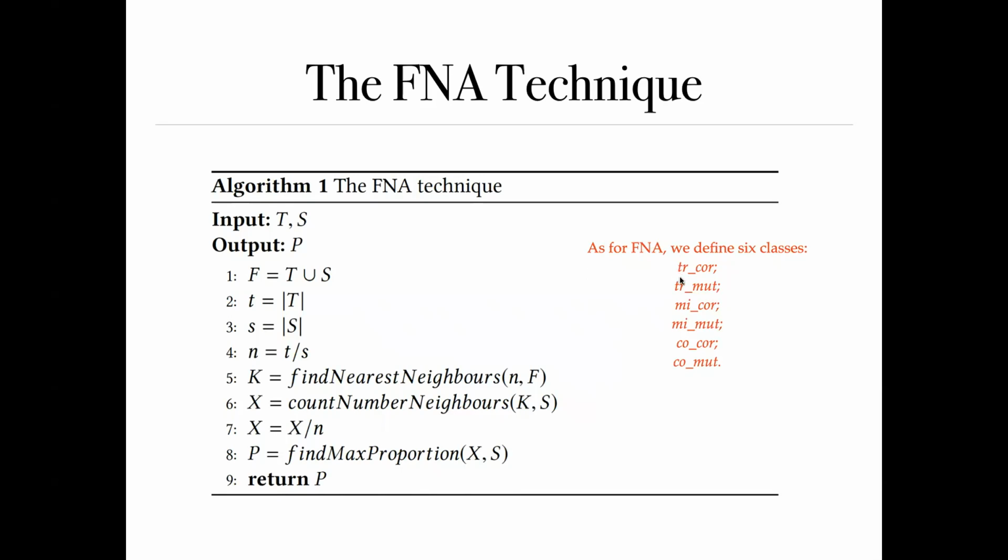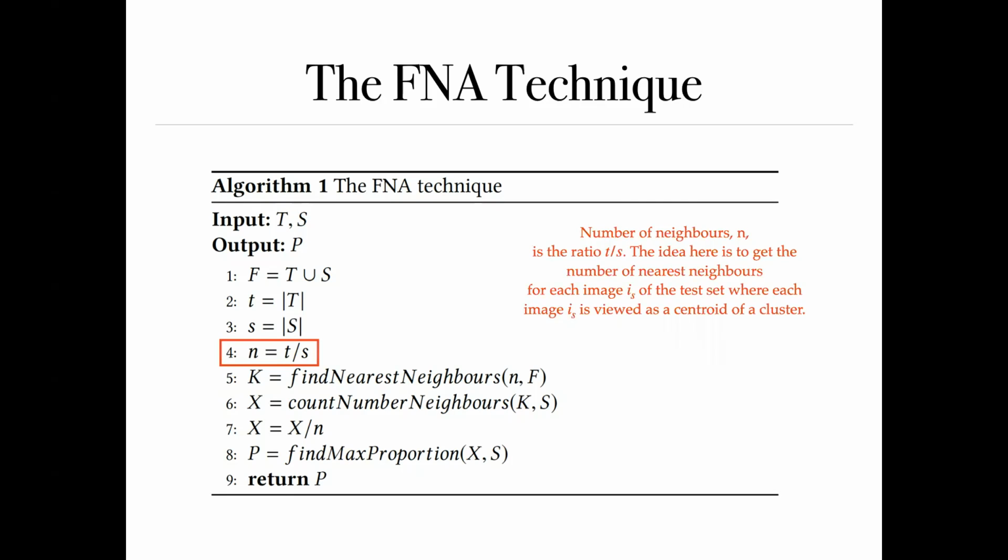So, for instance, TR-core means that this image is from the correct class of the training set. MI-core means that this is an image of the correct class of the test set, but which was misclassified by the CNN. So in this case, we have the 6 classes that help the technique to explain the misclassifications.